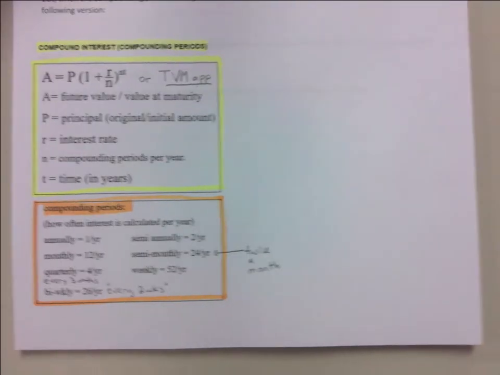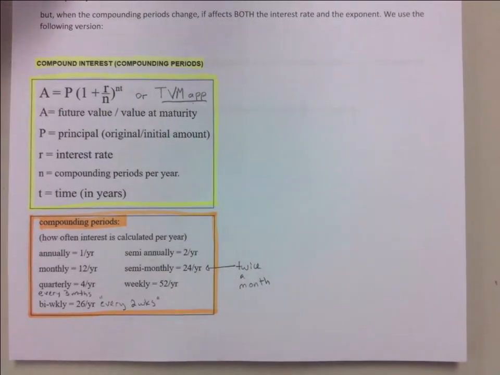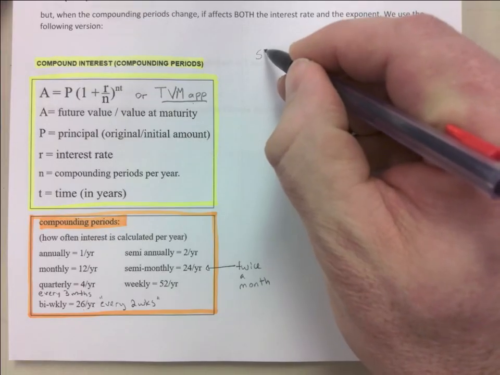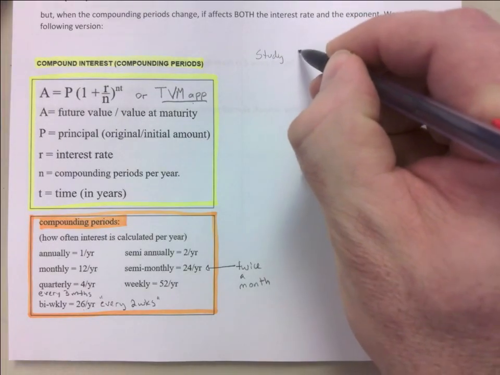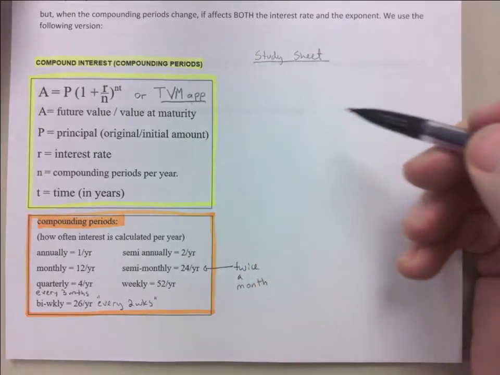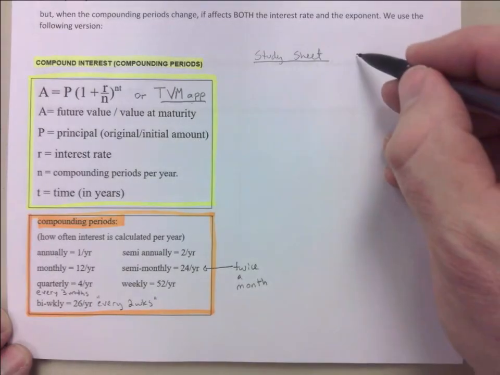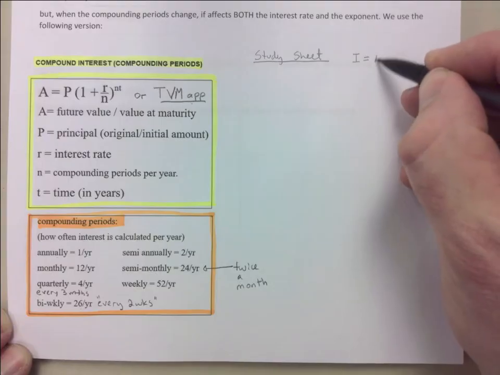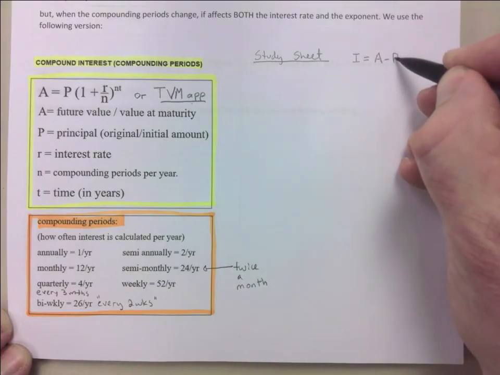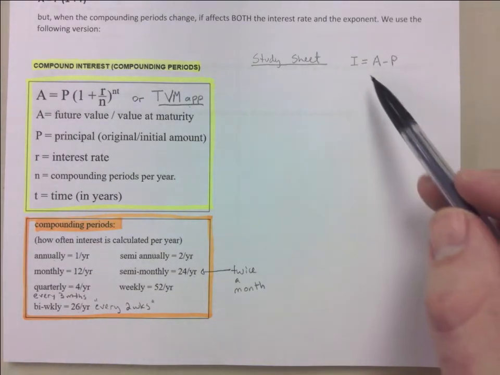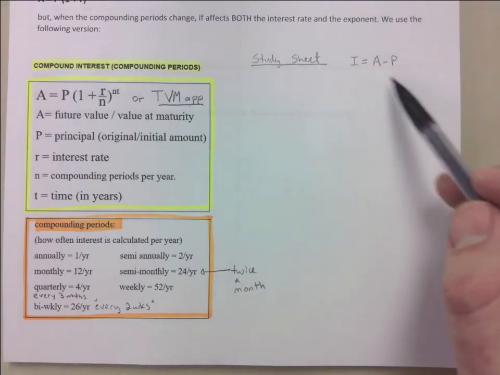And I'm going to do this again because it's very important that you understand this. This is study sheet material. Always recall that to figure out the interest, you take your future value and subtract the principal. I want this to be a broken record that you just know, like, yeah, I know, right?